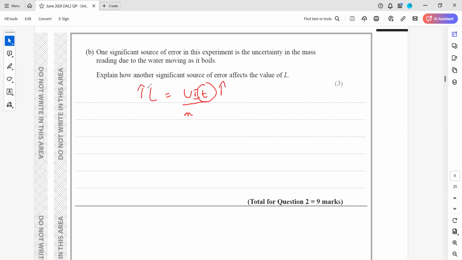If we have to heat for a longer time, then the latent heat will be too large. Voltage and current won't change. So the points you have to relate here, as it's 3 marks: 1 mark you will mention heat lost to the surrounding. If heat is lost to the surrounding, we have to heat for a longer period of time. As a result, the latent heat will also increase.